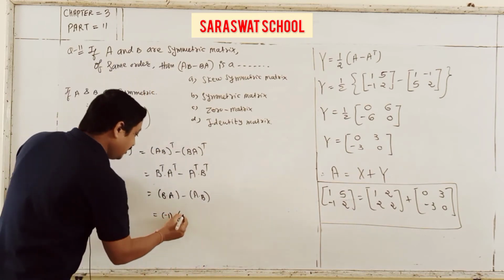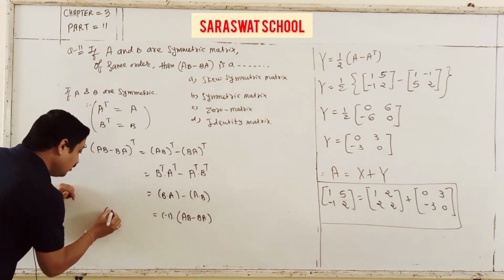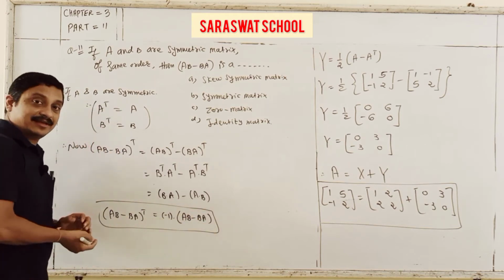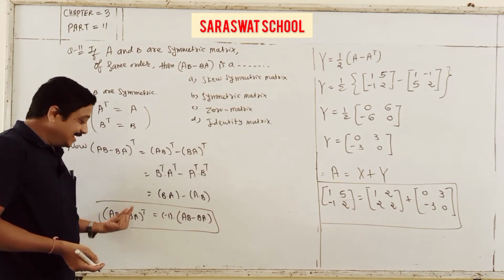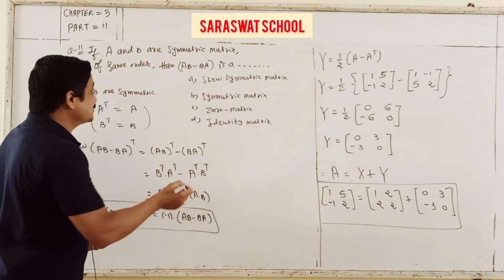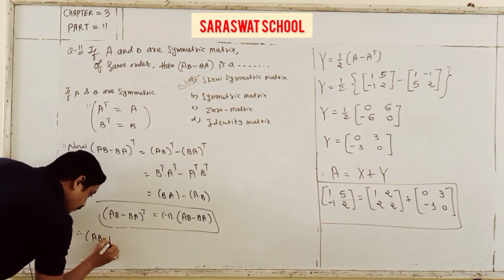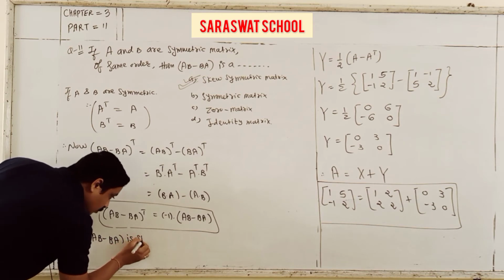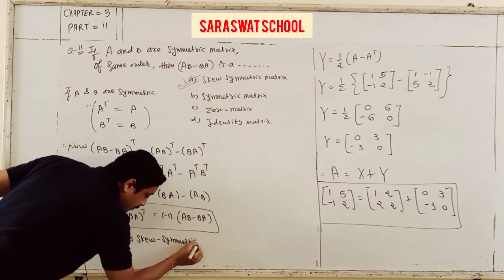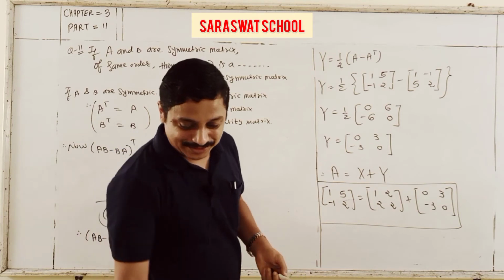So what remains is minus of AB minus BA. The transpose of AB minus BA fulfills the definition: any matrix whose transpose is the same with a minus carried outside is skew symmetric. Therefore by definition AB minus BA is a skew symmetric matrix, and that's your simple solution.